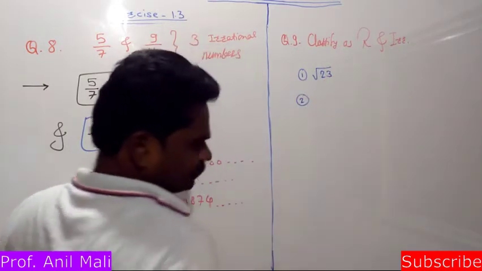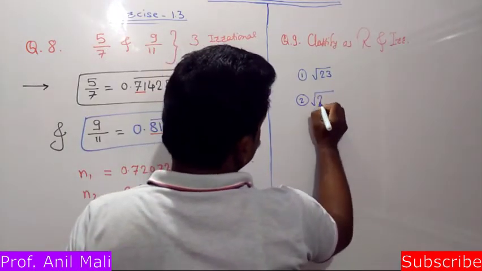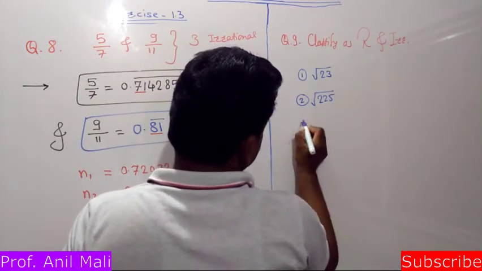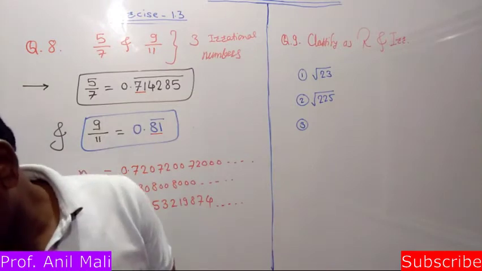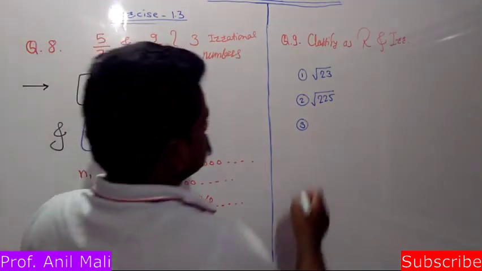Number 2, it's under root 225. Number 3, it's 0.3796.